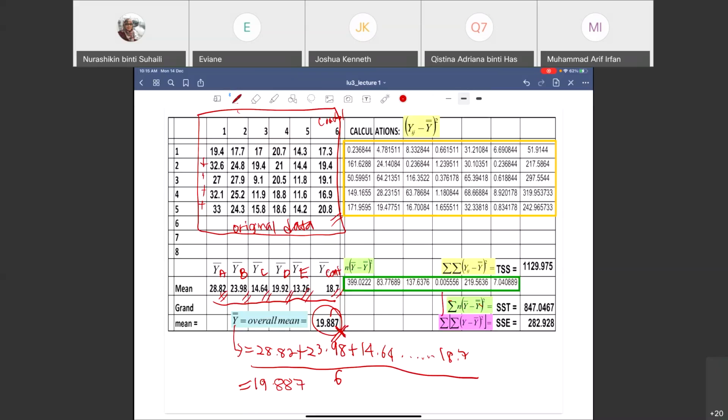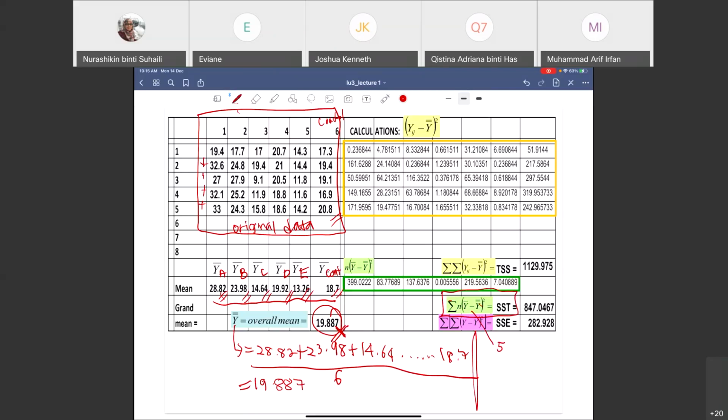This is the formula of SST. SST is equal to the summation of n, where n here is referring to the size of the sample, which is 5. So it means that here it is 5.